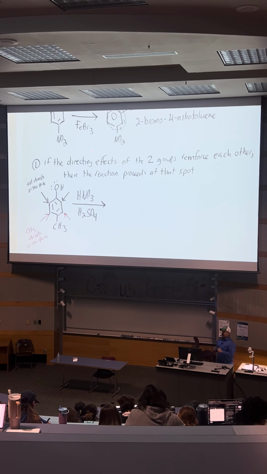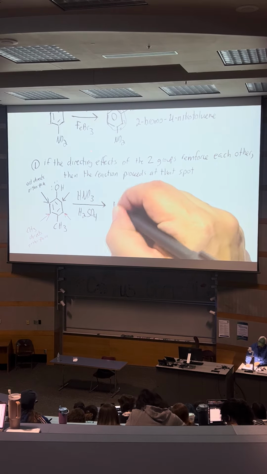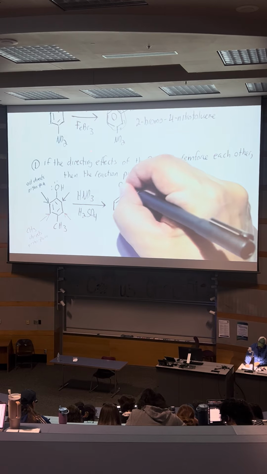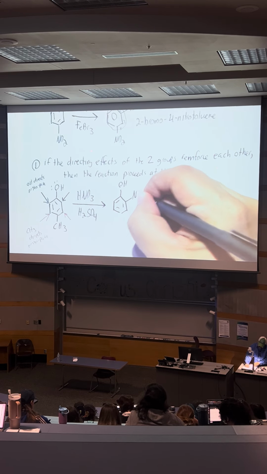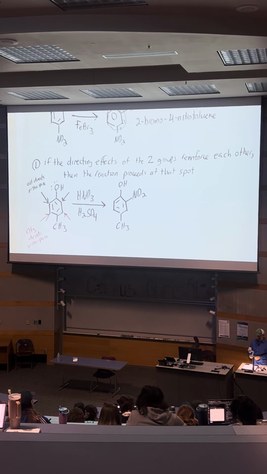It's the strong activator because it has the lone pair of electrons directly on it. It puts electrons directly in the ring, putting negative charges at the ortho-para positions. So in this case, the alcohol is the one that wins because it is the stronger activator of the two. And so since this is a nitration reaction, we're putting the nitro group at the ortho position relative to the alcohol because it's the directing effects of the alcohol that win over the weakly donating effects of the methyl.